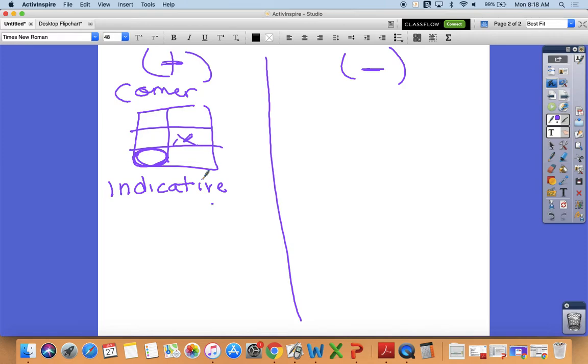In Spanish, we have different moods in which we speak, and the indicative is the formal name, like the big umbrella. Does that make sense? It's just the mood, those are all facts. It doesn't mean much right now, but we will be working on another mood called the subjunctive.